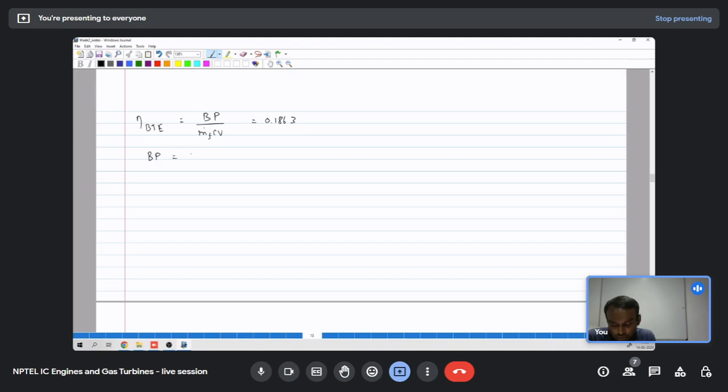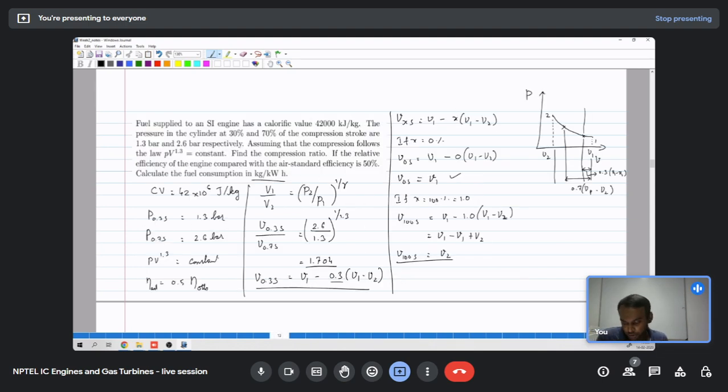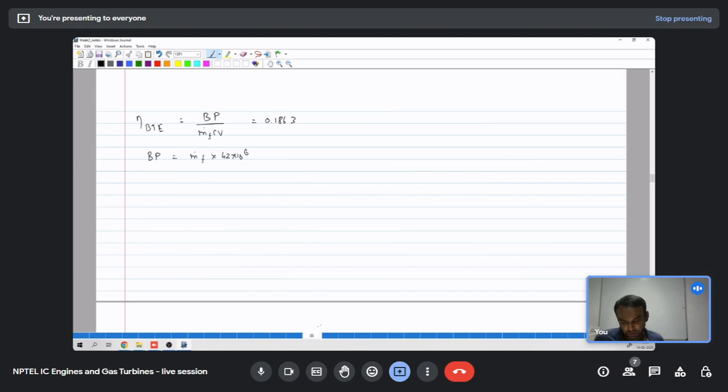is equal to m dot f into calorific value, which is 42 into 10 power 6 in SI units, since it is 42,000 kilojoules per kg, into 0.1863. Now we need to calculate the specific fuel consumption.